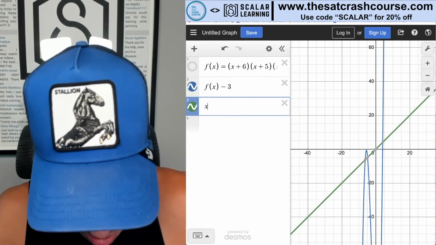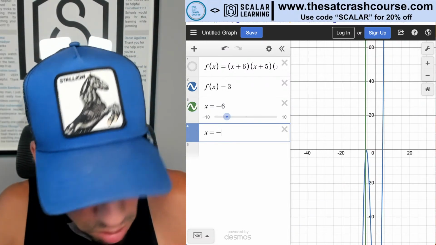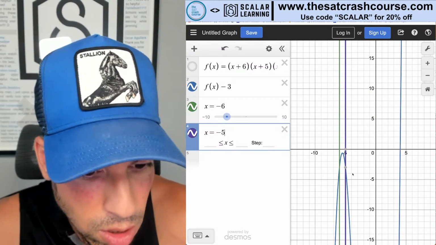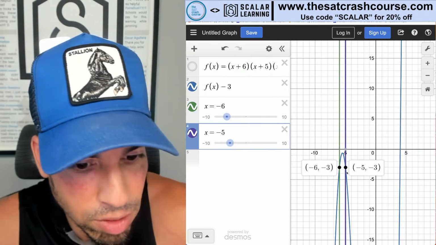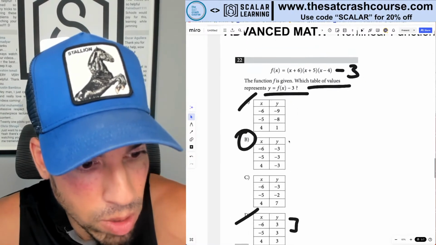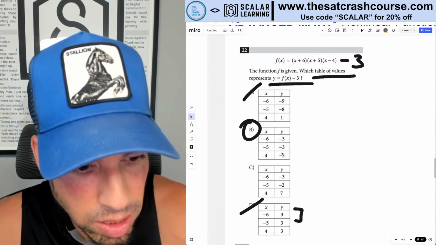Watch this. x equals -6, x equals -5. What are the corresponding y values for both of those lines? Well, for the green line at -6, I get -3. For the purple line, I again get -3. Oh, that just confirms that it has to be B, right? We have -3 for both -6 and -5. That's how you do it.